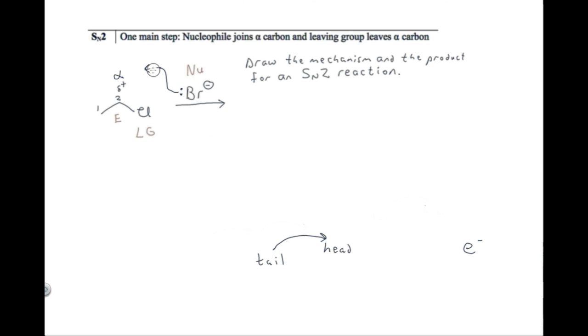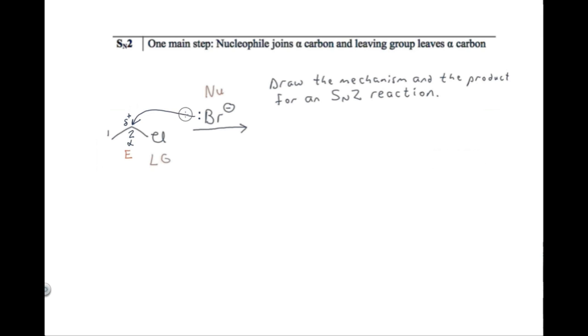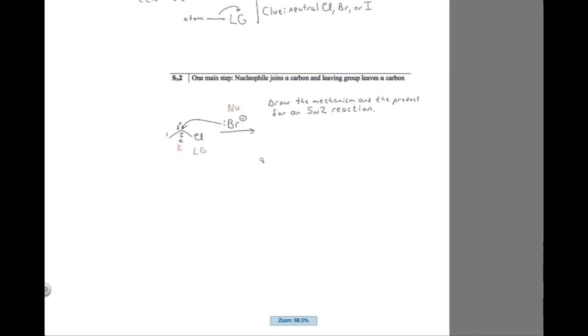And who should go at the head of the arrow? Well, we know that the nucleophile is going to be joining the alpha carbon. That means that we have to put the head of the arrow on the electrophile, which is the alpha carbon. We draw the head of the arrow here to show the nucleophile joining the alpha carbon. Now notice that this electron-pushing arrow is consistent with what we learned in the previous video.